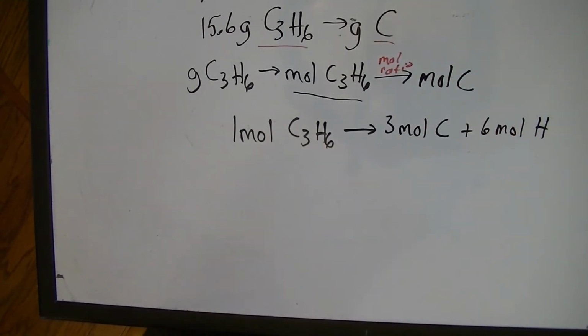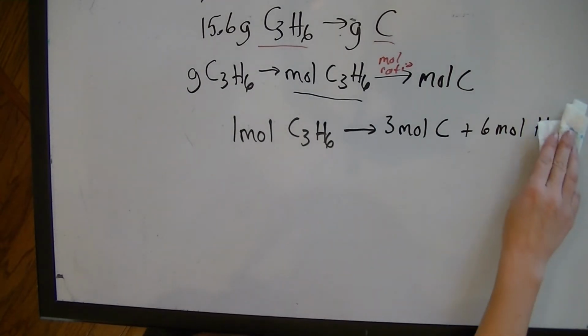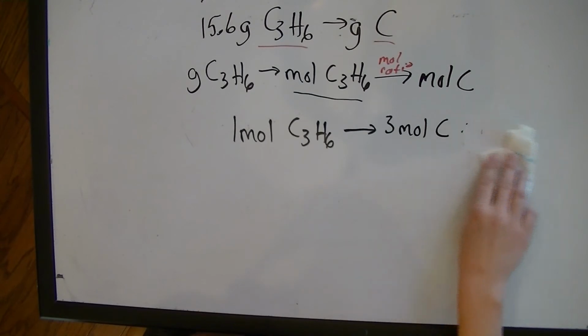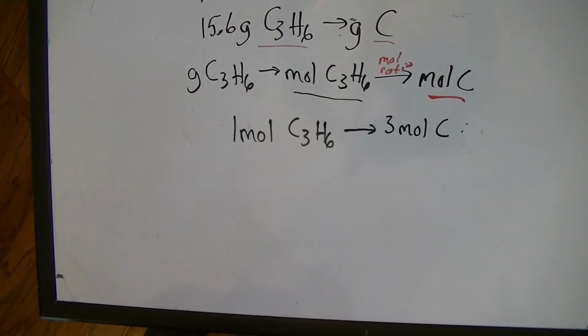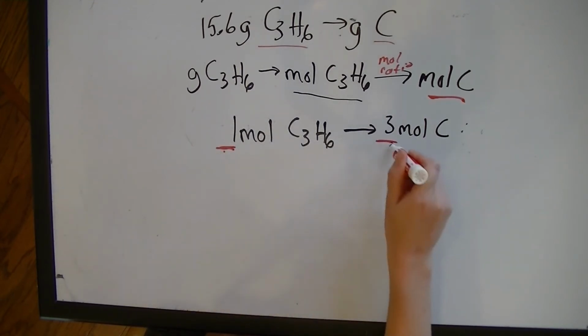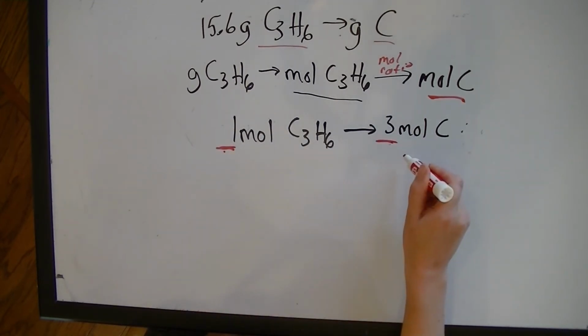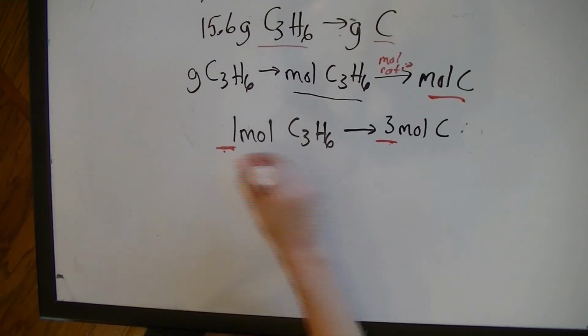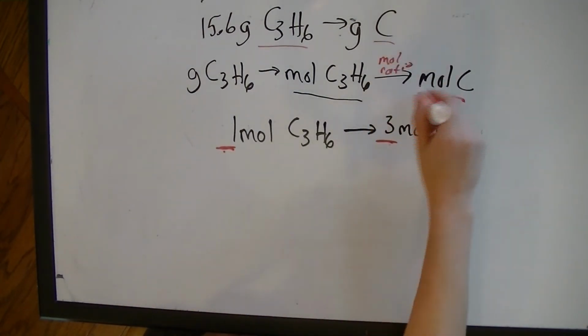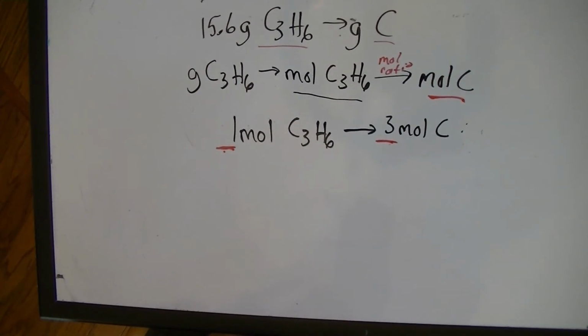Okay, so this 6 moles of hydrogen, I'm going to erase that because it doesn't matter in this problem, because they're just asking for me to compare it to moles of carbon. So this right here is my mole ratio. The ratio is 1 to 3. So the coefficients give you the mole ratio. I'm going to write this mole ratio off to the side because I'm going to use that in this step when I'm doing my railroad tracks.